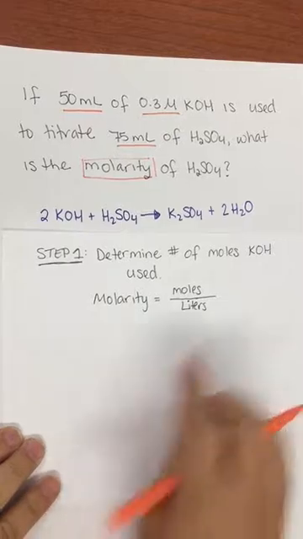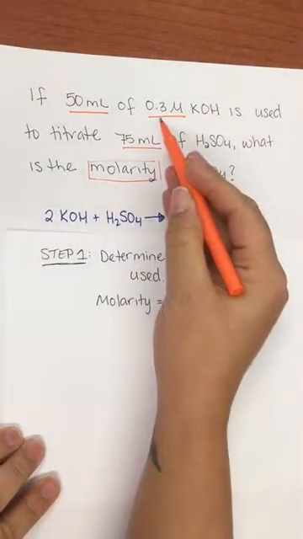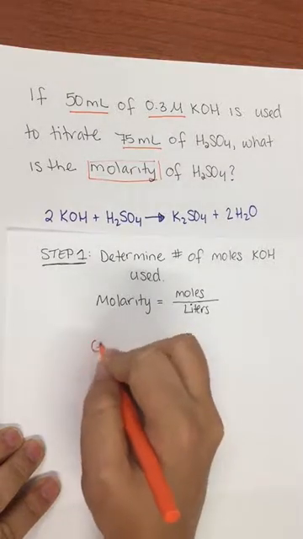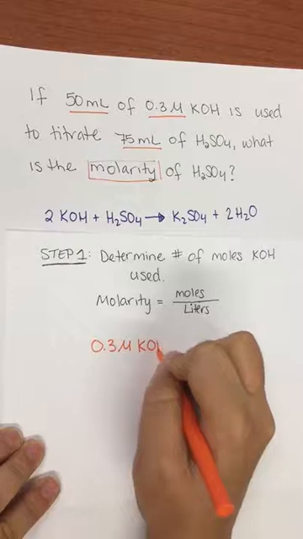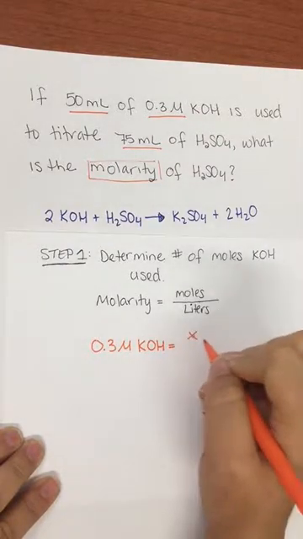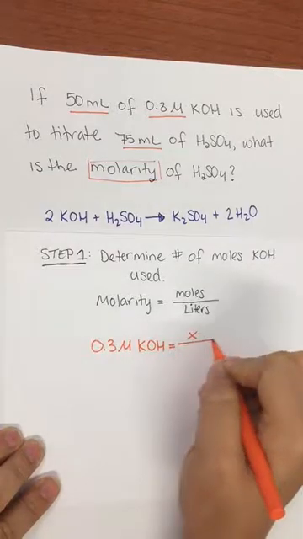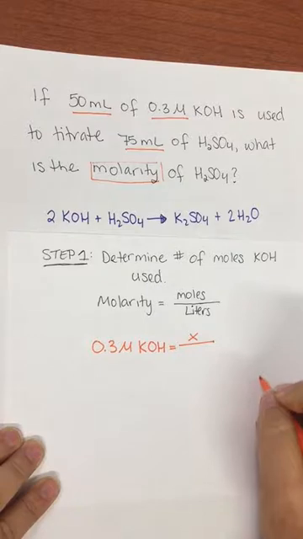I know my molarity is 0.3 molar KOH. I'm trying to figure out how many moles I have, and I know that I have 50 milliliters.